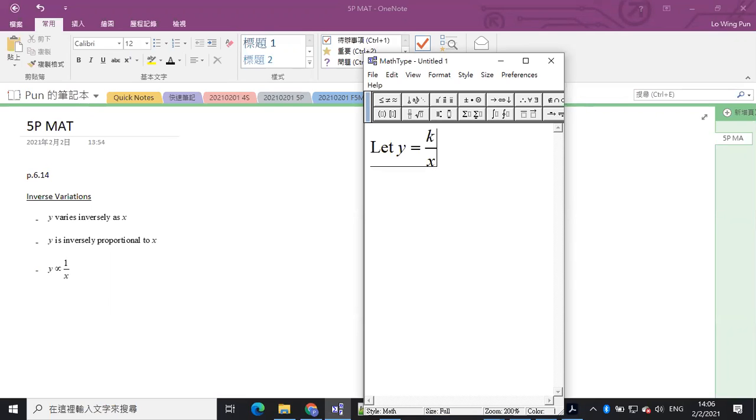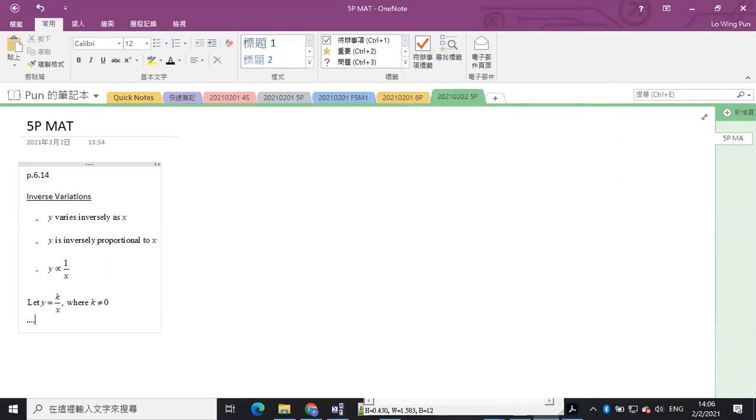And of course we'll write where k is not equal to 0. Then we will continue. Normally the question will give you a pair of numbers to substitute into your equation to find the value of k, just like what you have done in the direct variations.